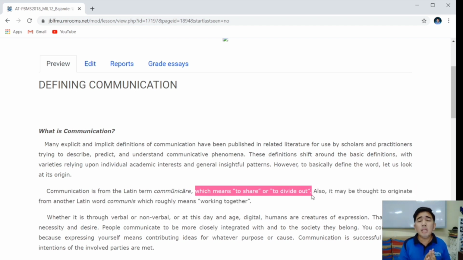As for the idea you have in your mind, communication could be a platform or a tool for you to share information, because you cannot engage in a communicative situation or process if you are not going to share whatever you have been thinking or whatever is in your mind. And communication is also to divide out, to spread.